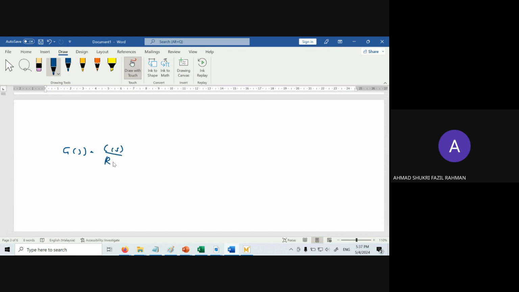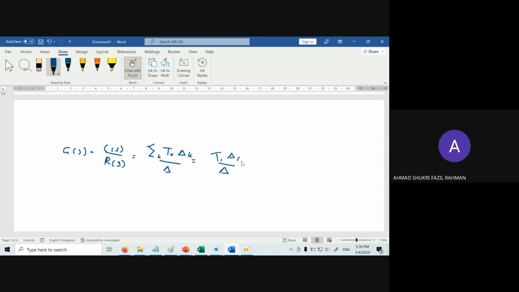So CS over RS is the total sum of TK delta K over delta. So this is actually, we have only T1 delta 1 over delta.